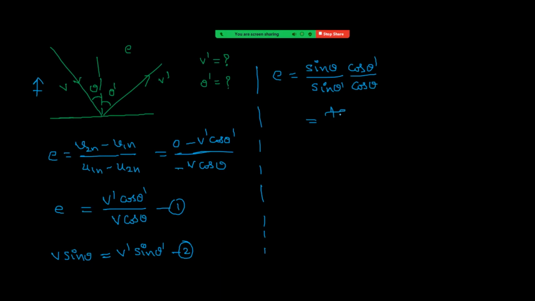This is tan theta upon tan theta dash. So from this, we can write tan theta dash is equal to tan theta upon e, because we have to calculate angle of deflection, right? This value. Next, we have to find the value of V dash. Since we got the value of theta dash, we can find the value of V dash, right?